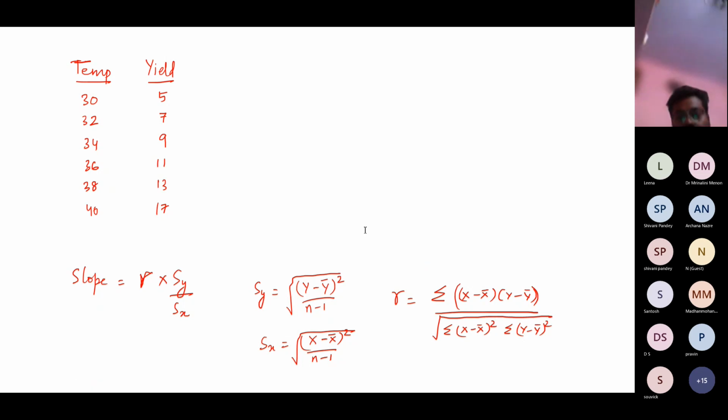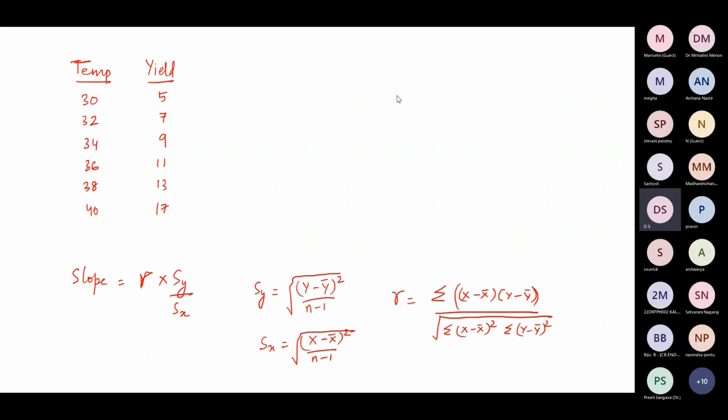Can you see the formula? Hello. Yes, sir. You guys can see the formula, right?